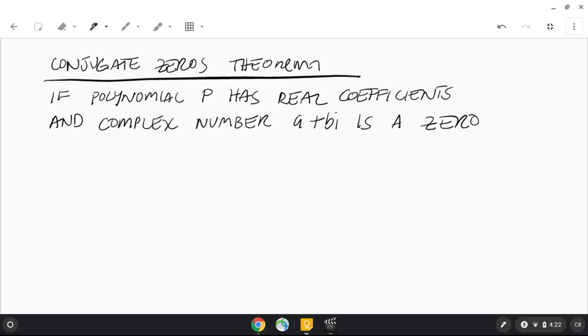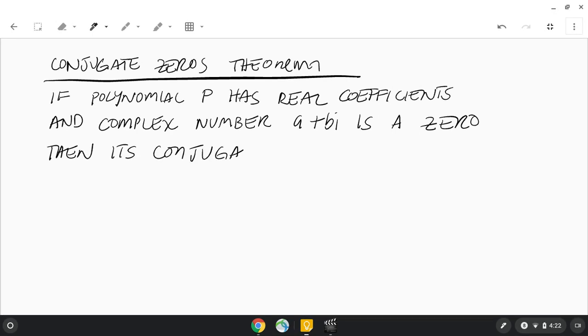Okay, so if you have a polynomial with real coefficients and it turns out that one of the zeros is a plus bi, like maybe it's 3 plus 2i, then its conjugate, a minus bi, is also a zero.